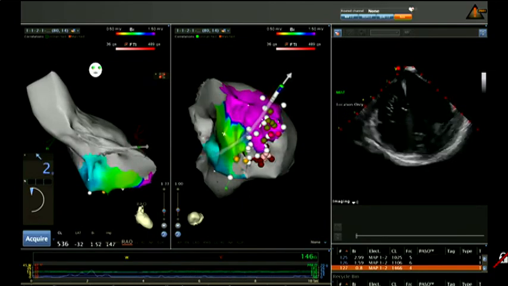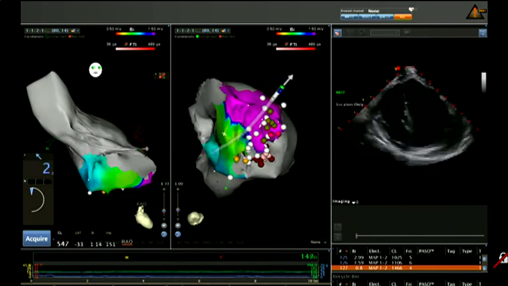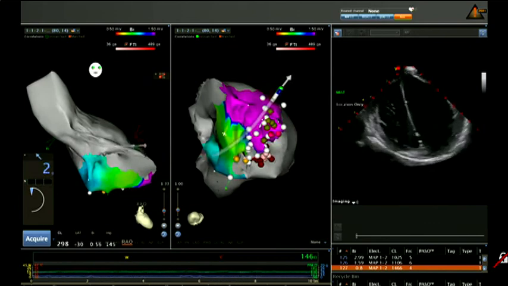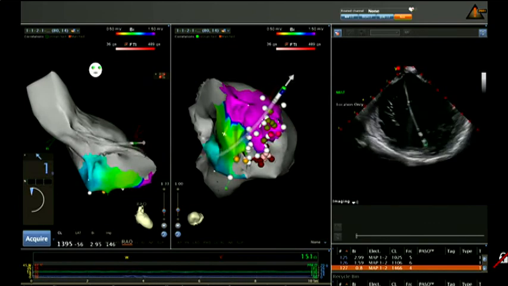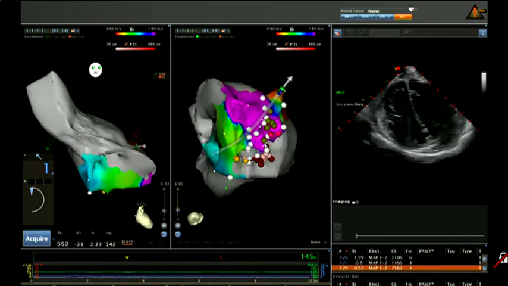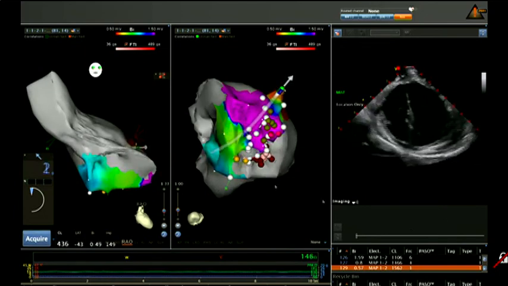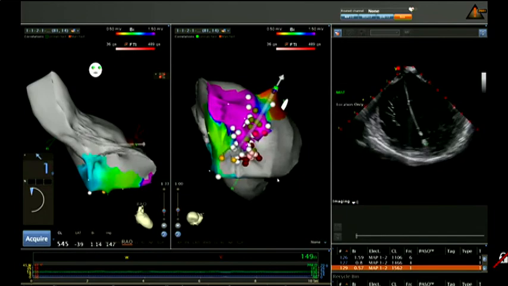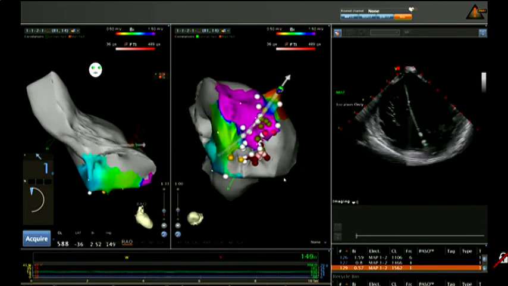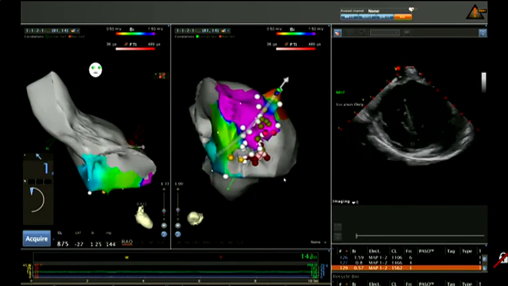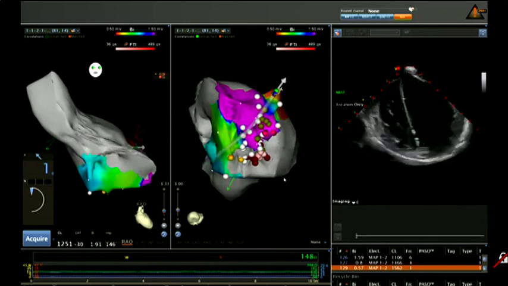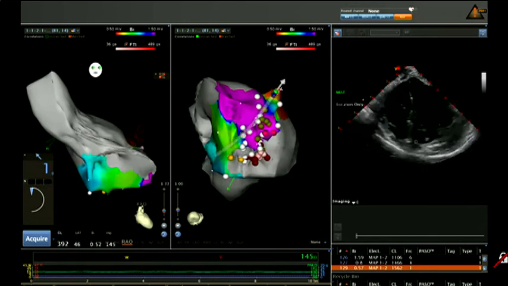Yes, I know, I have the protocol that I sent you. Yeah, exactly. But what I'm saying is that after 3 or 4 minutes of dobutamine at that dose, the patient started to present bigeminism. So definitely there is an effect.